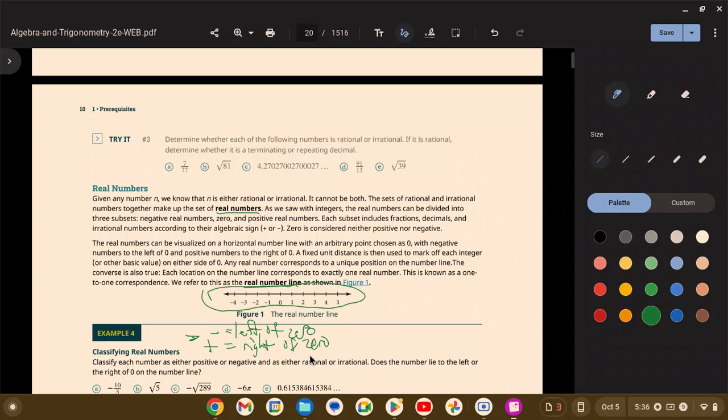And so just by looking at the sign, I can define, so A, C, and D are all negatives, so they are to the left of 0. And we have rational, irrational, rational, rational, and irrational.